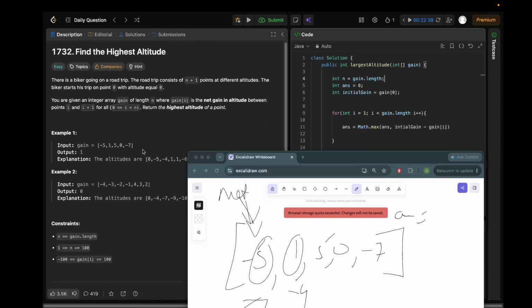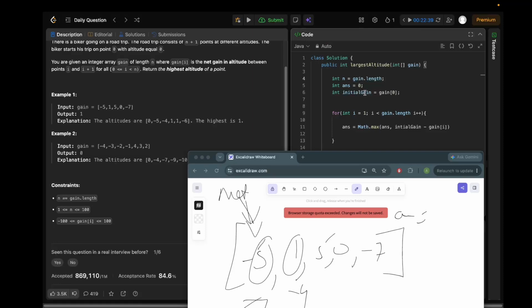Highest altitudes are, is the net gain in altitude. Oh, I see.